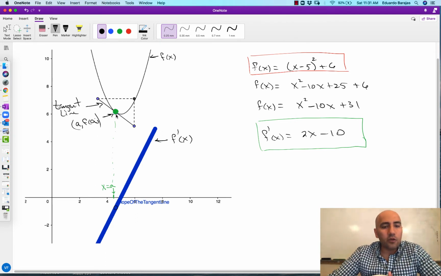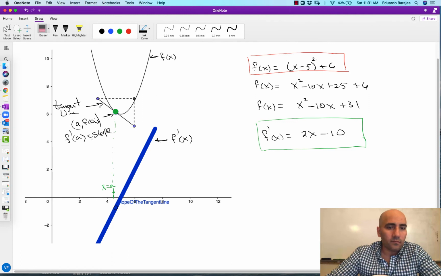And it's going to have a slope there. And the slope of that tangent line is going to be f prime of a. It is equal to the slope of that tangent line.